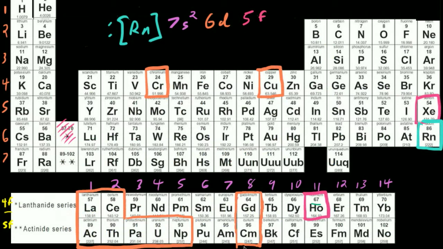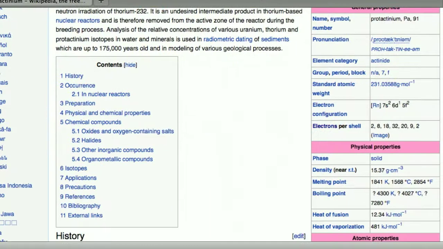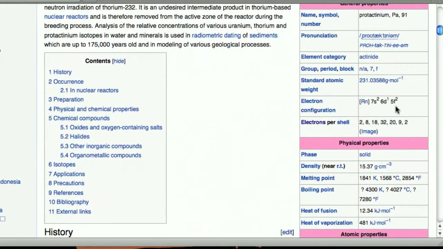But what do we actually get? Well, we get two electrons in our 5f orbital, and we get one electron in our 6d orbital. So again, we haven't shed our habit of having electrons going into our 6d orbital.